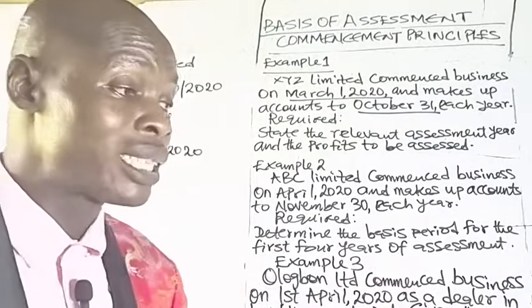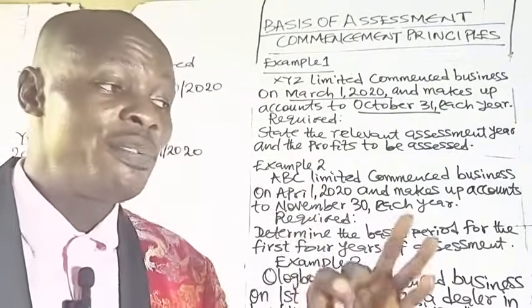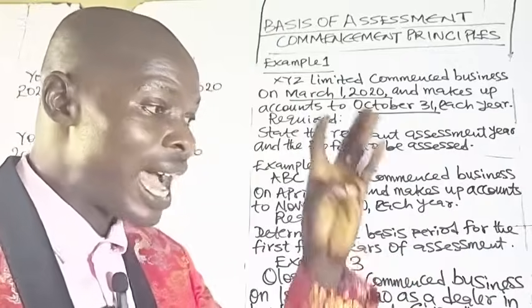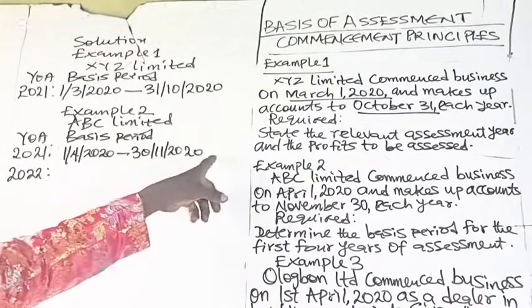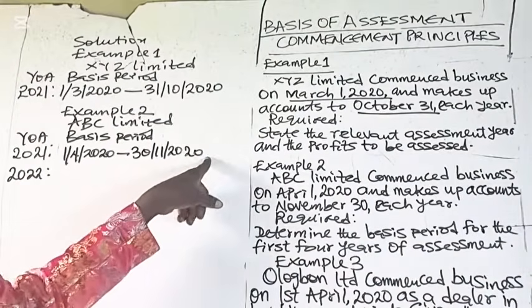The rule is that assessable profit shall be the profit from the first day after its first accounting period. Note the first accounting period ended on November 30, 2020.